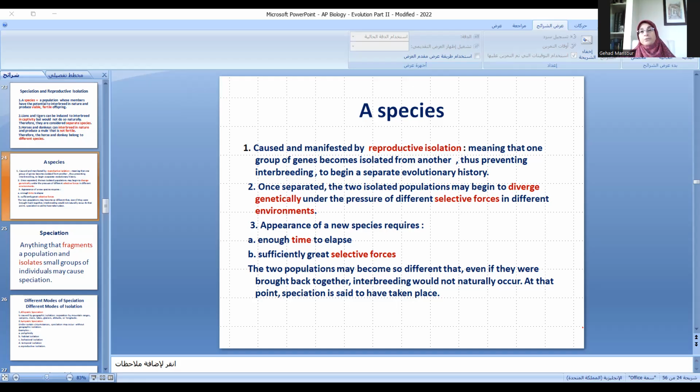And then we have a third example, which is parallel evolution. And in parallel evolution, it's true that we are talking about two species that diverged from a common ancestor, but they are two related species. And therefore, they make similar adaptations even after they diverge. So in parallel evolution, we start by two different species, but the two species are related to each other.